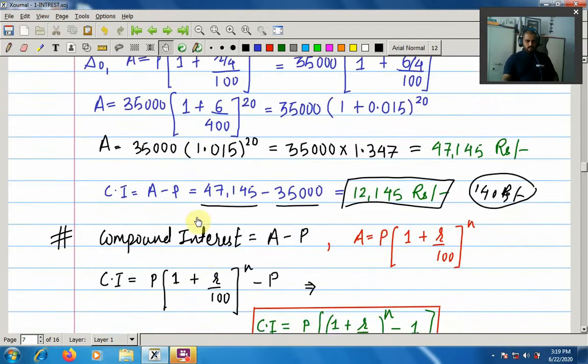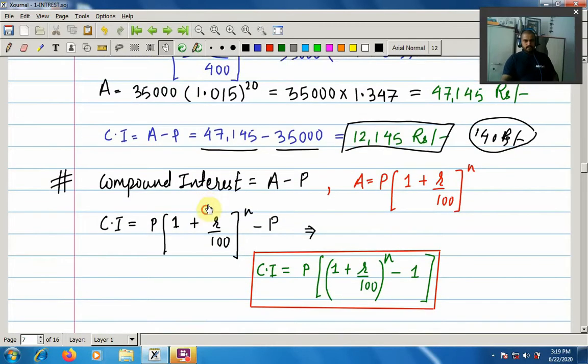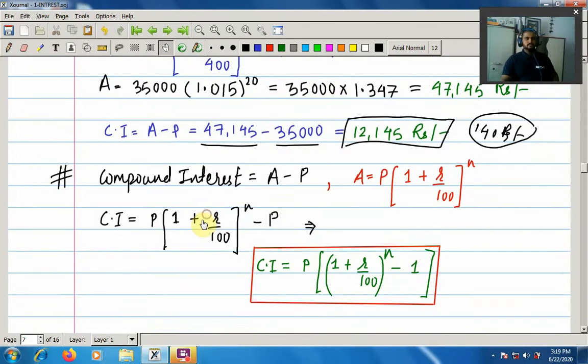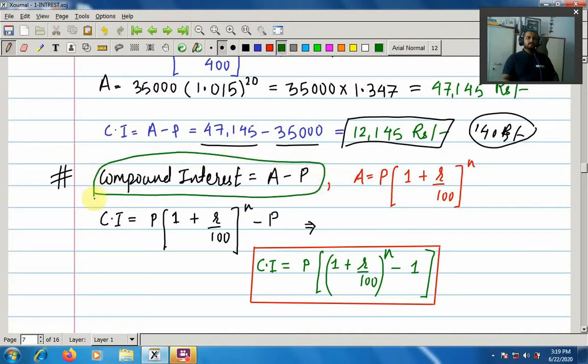Let's see what this is. Okay, this is the formula for compound interest. The formula to find compound interest is amount minus P. So what is the formula for finding amount? I'm writing here.